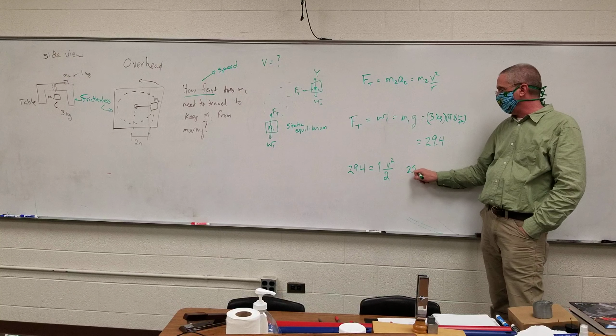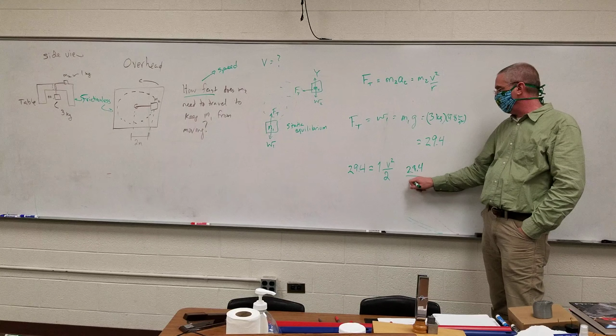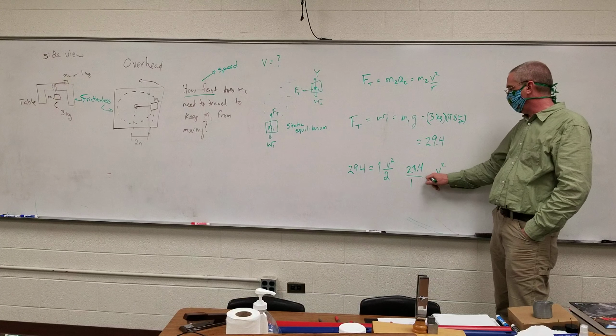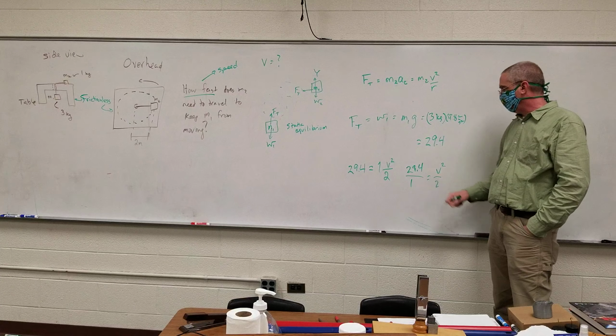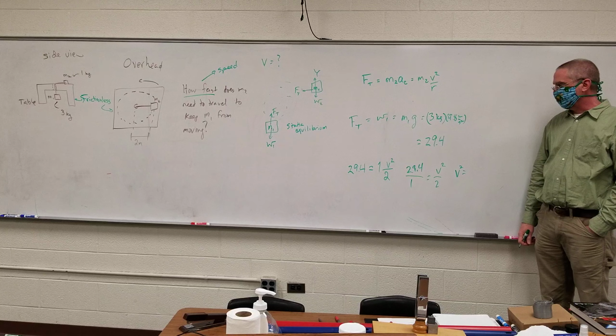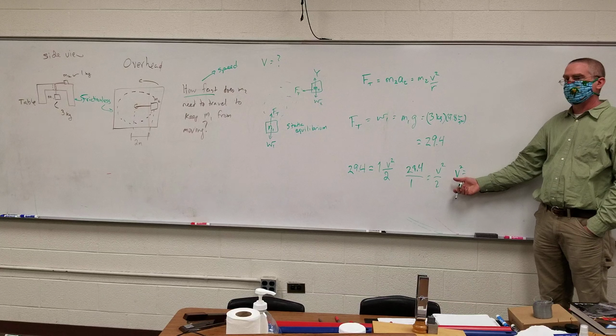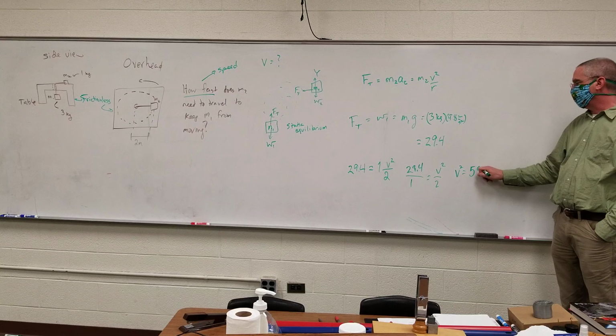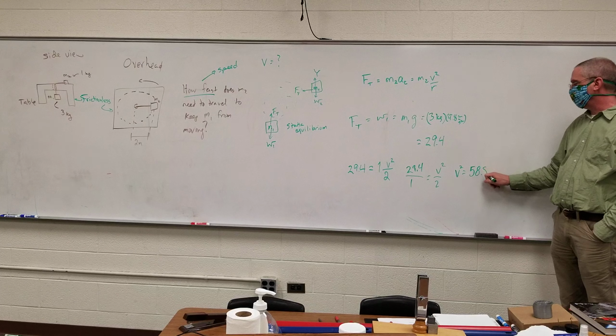So the math problem is 29.4 over 1 is equal to v squared over 2. There are other ways of looking at it, but that's the math problem. So first, v squared. How would you solve for v squared? First step, multiply by 2. And so that's 58.8.